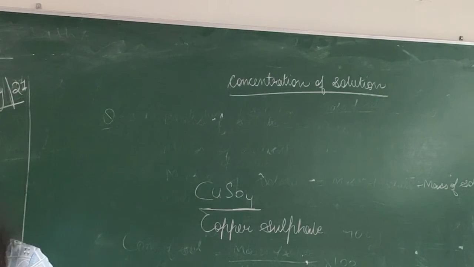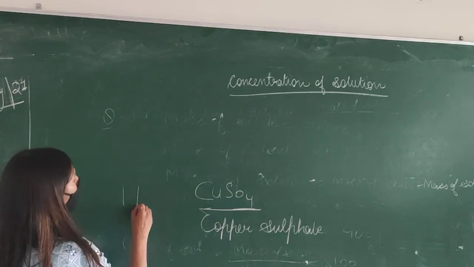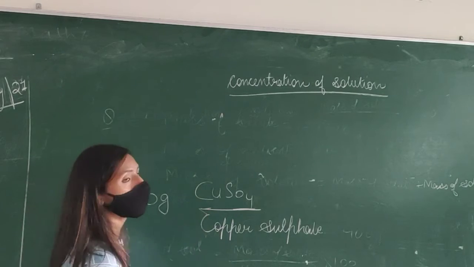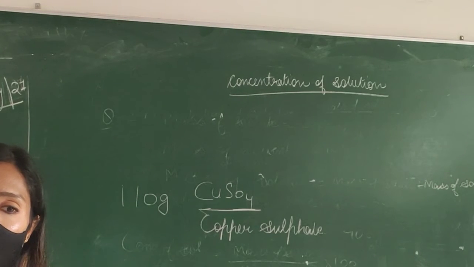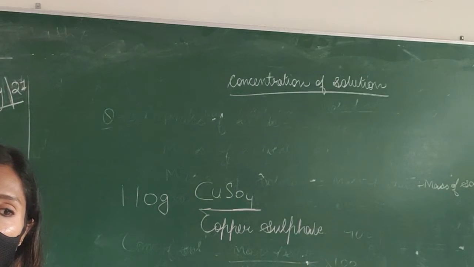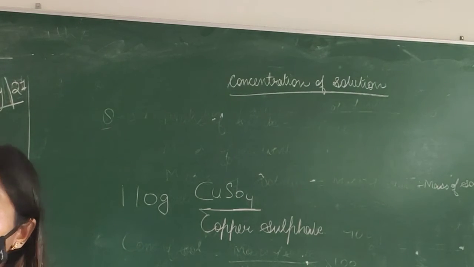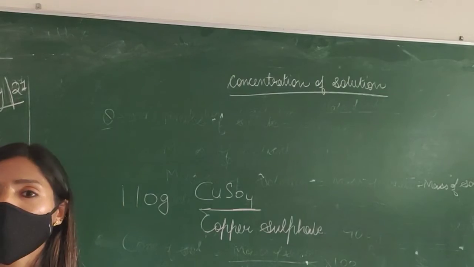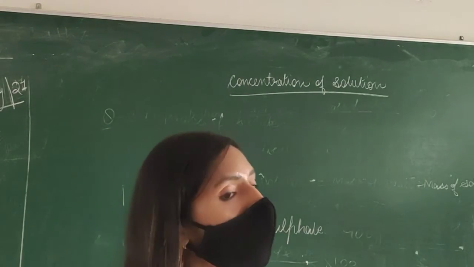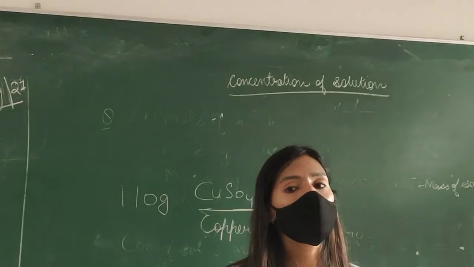If 110 gram of copper sulfate is present in 550 gram of solution, then calculate the concentration of solution.